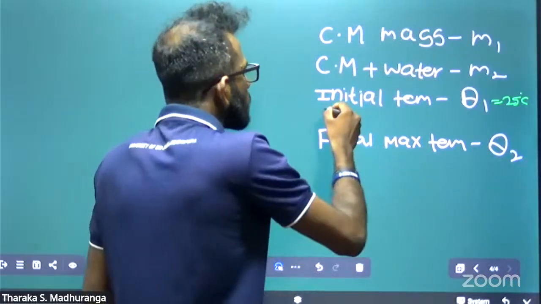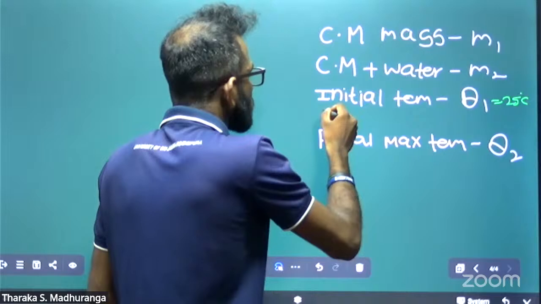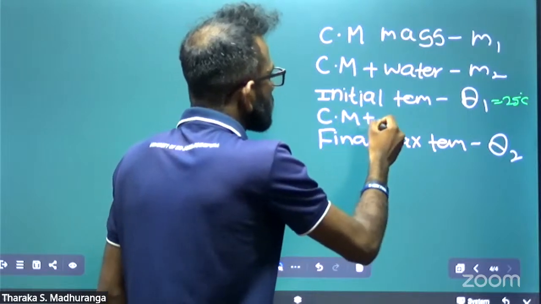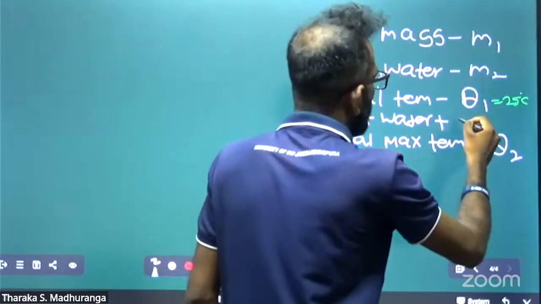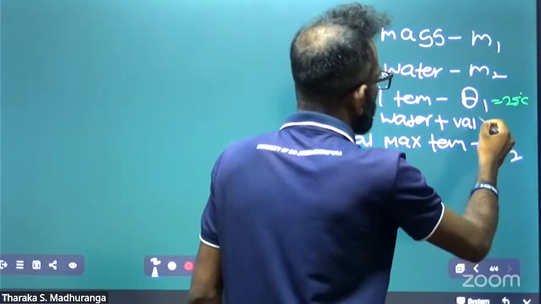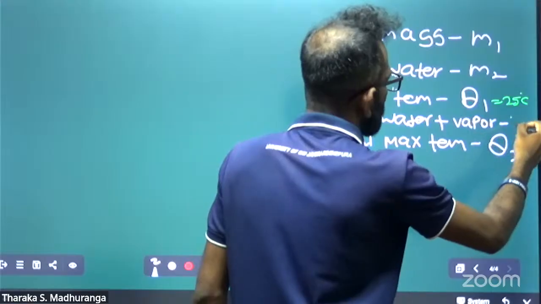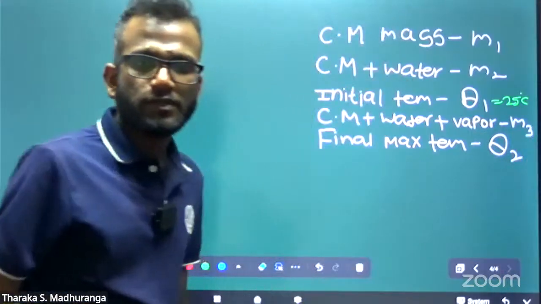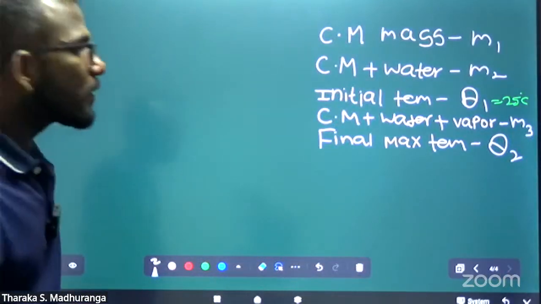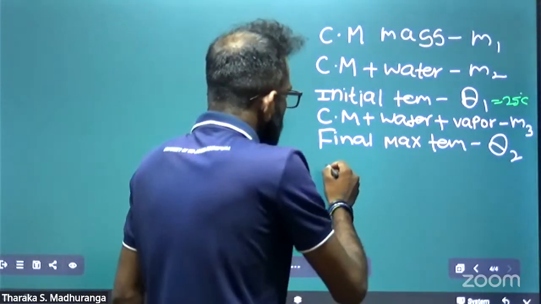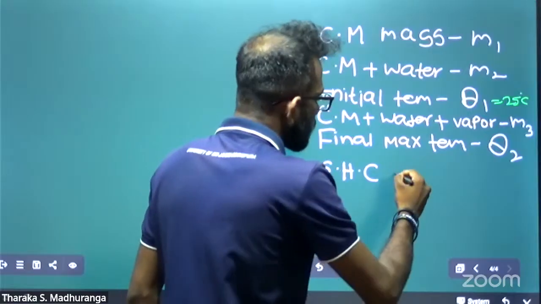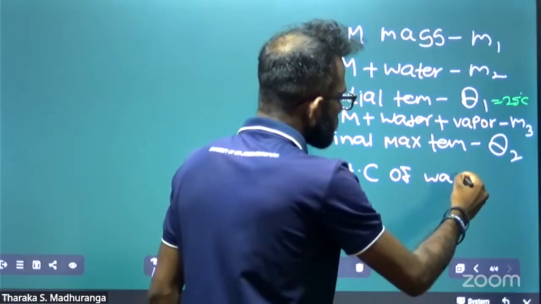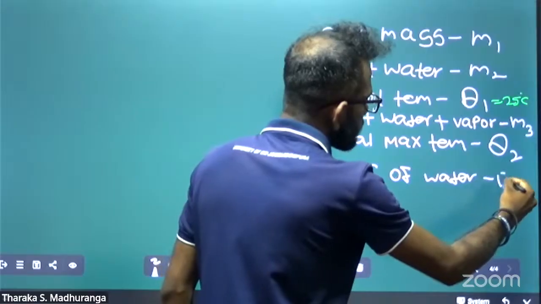After that, you need to get the mass of the calorimeter plus water plus water vapor. The mass is M3, same as previous. Now you need the specific heat capacity of water, CW.